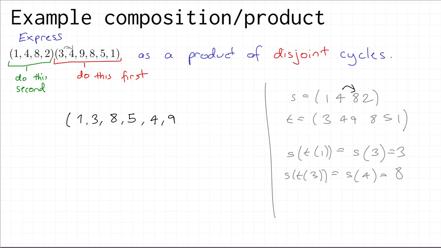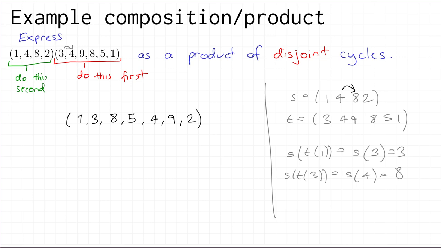T sends 9 to 8, and then S sends 8 to 2. And 2: T sends 2 to 2, and then S sends 2 to 1. So we've actually finished the cycle here. 2 must go back to 1, so we close the cycle there.